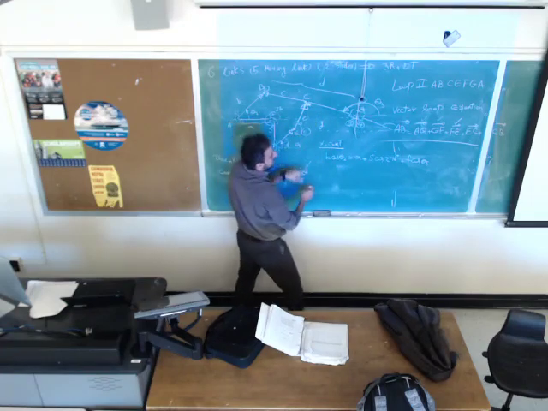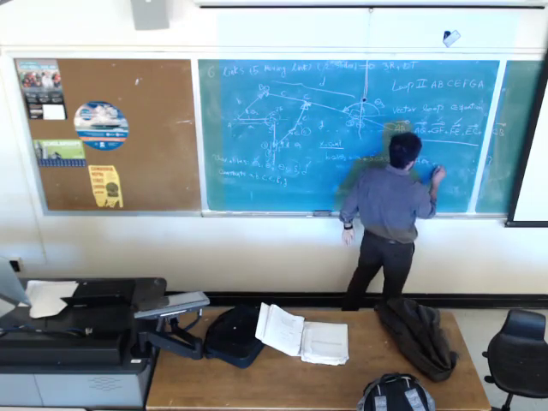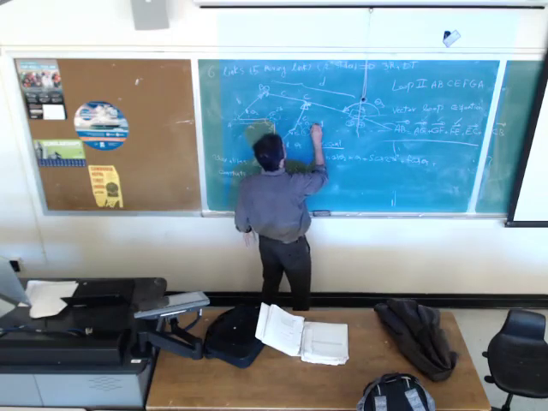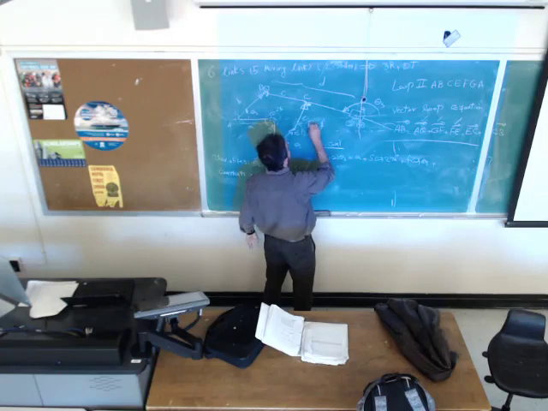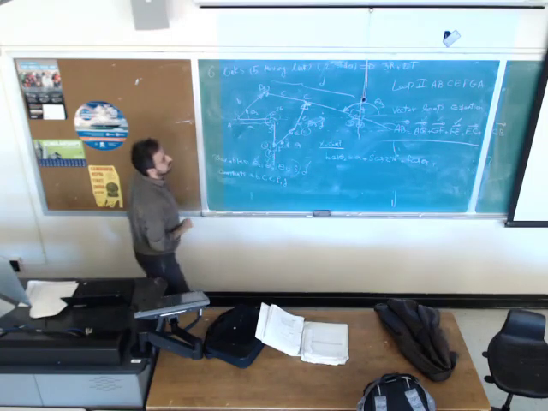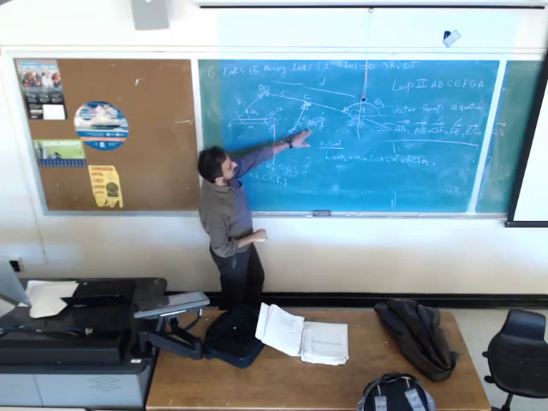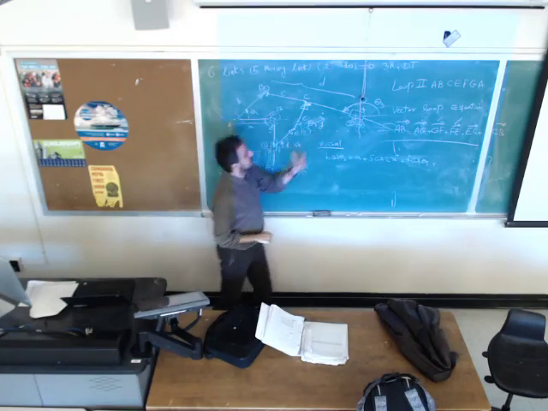Subtract from 90, it's going to be theta 3 minus 90. So this angle you can find as theta 3 minus 90.